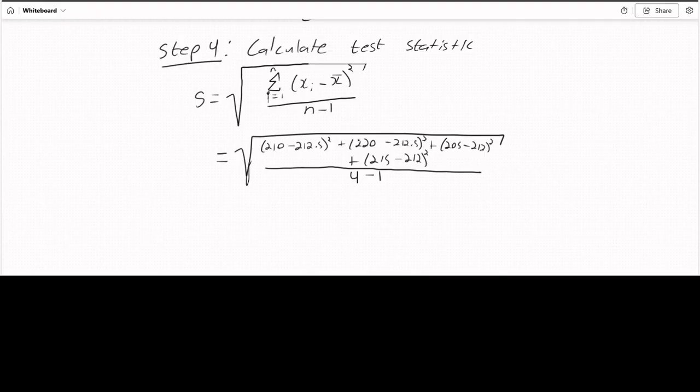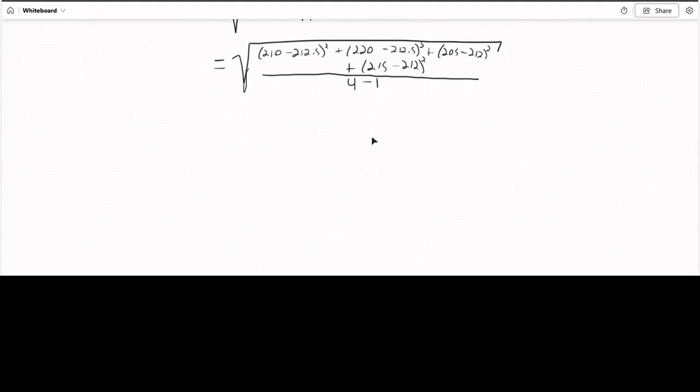Okay, we can continue to simplify this. So it's equal to the square root of, we find each difference and square it, and we get 6.25 plus 56.25 plus 56.25 plus 6.25 again.